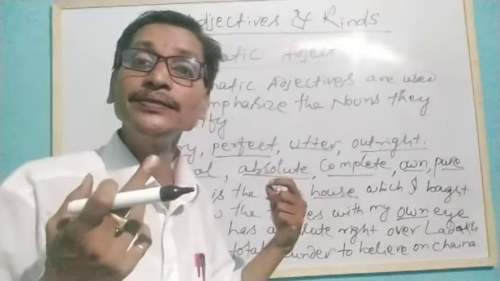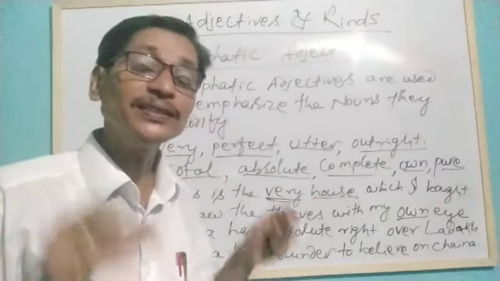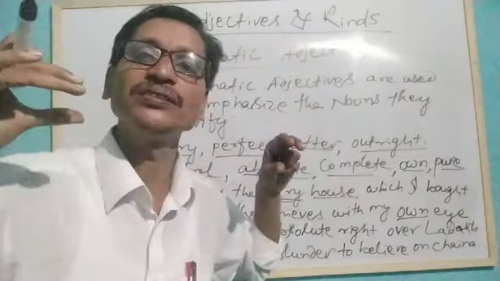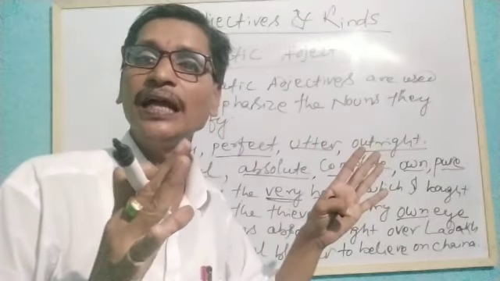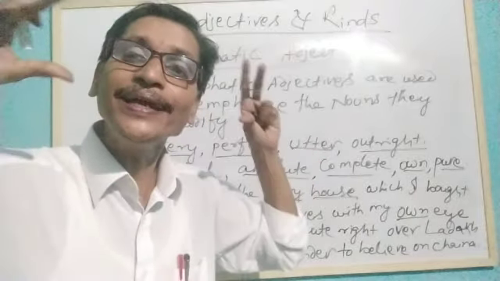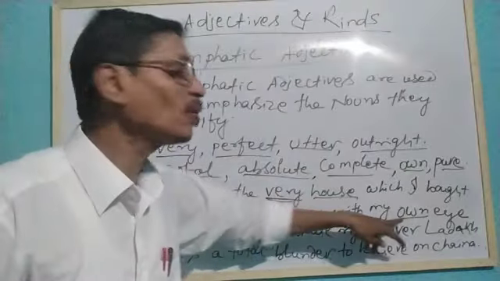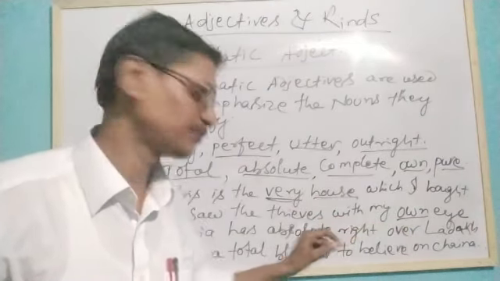That means I am giving emphasis on my own eyes. I am not saying that somebody else has seen this. I saw with my own eyes. So my eyes, which is modified with this word own, is functioning as an emphatic adjective.